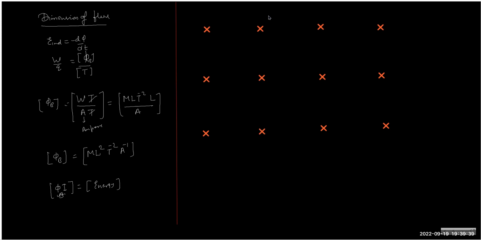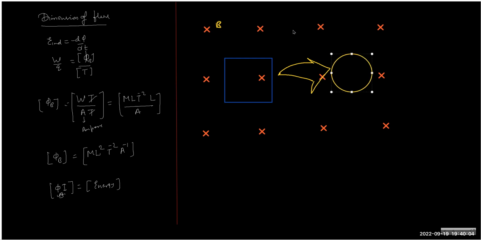So we have a square loop in a uniform magnetic field B. Now this loop is capable of transforming shape, let's say, and after this, it converts into a circle.